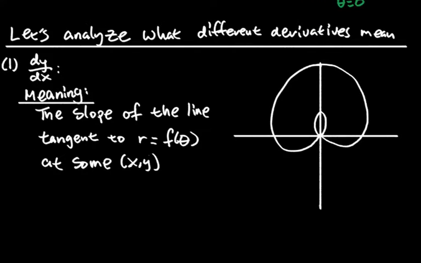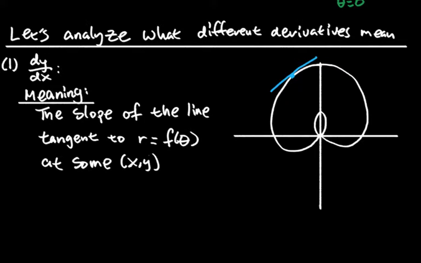So first one we're going to look at is dy/dx. This means the slope of the line tangent to the function. So literally if we've got a point and we find the slope there, that is what dy/dx tells us. So how do we find that?